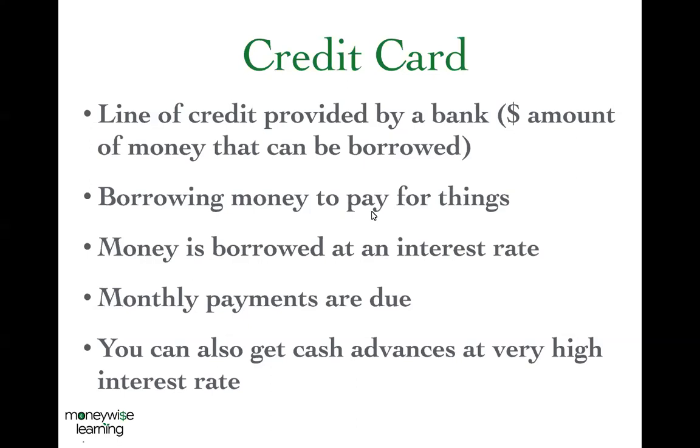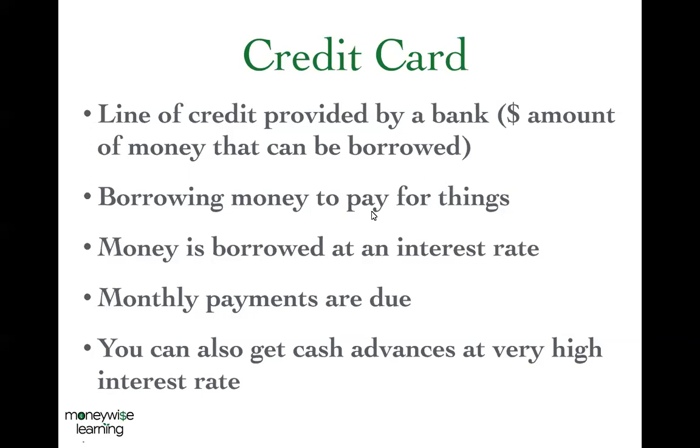So let's talk about credit cards, okay? A credit card is basically a line of credit, which essentially means an amount of money that can be borrowed. So the bank says, hey, I like your credit score, you're a good person, you've been responsible financially, I'm going to allow you to charge up to $5,000 on this card because I trust you to pay it back to me.